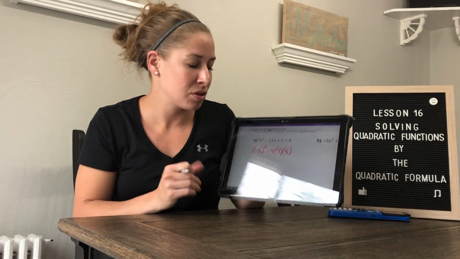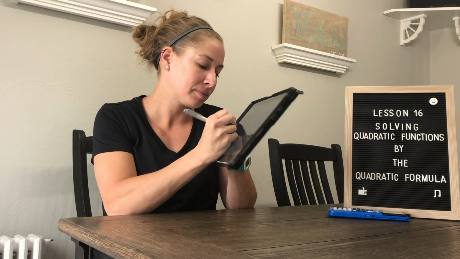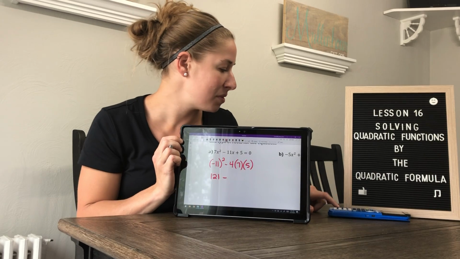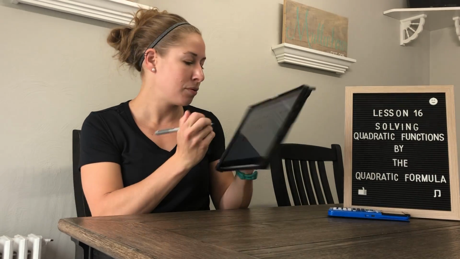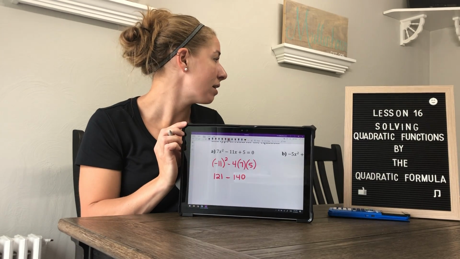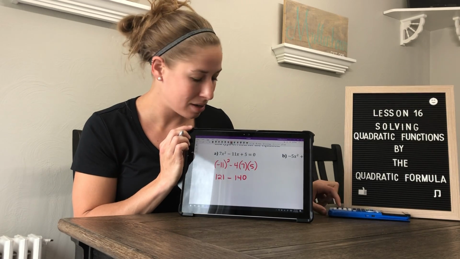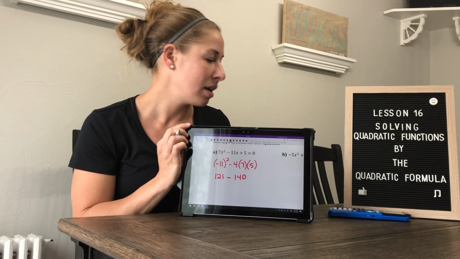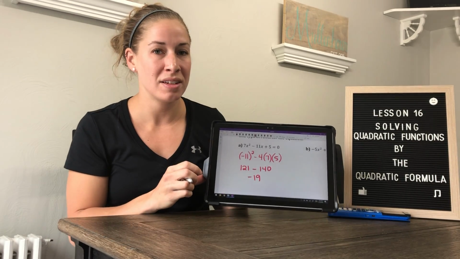So negative 11 squared. Negative times a negative is a positive. 4 times 7 times 5 is 140. Hey, stop it. So 121 minus 140 is negative 19.